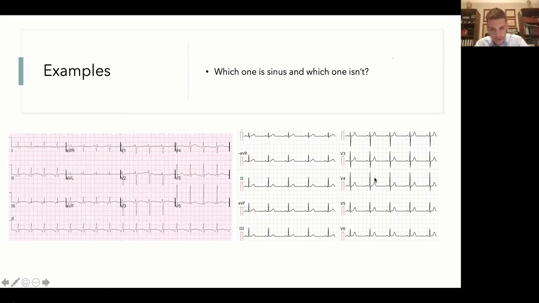Yes, you're right. The right one is sinus, and I hope you keep note because it's very simple, and the principle will always be the same. The first question always asked by the teachers will be, is it sinus? Is it not sinus? It's sinus if there is a P wave that is present before a QRS and it's positive, and lead 2 will be the principal lead where you have to be able to see this.